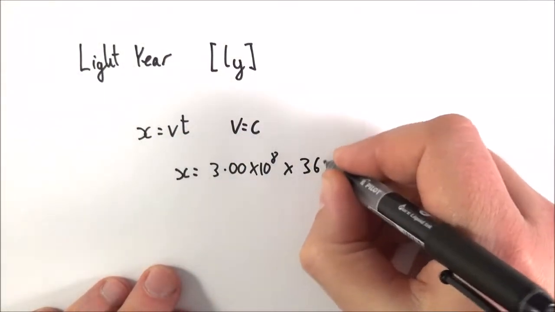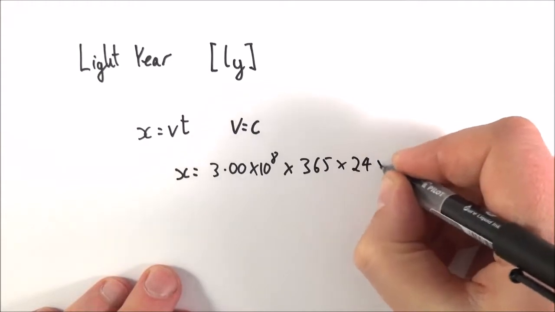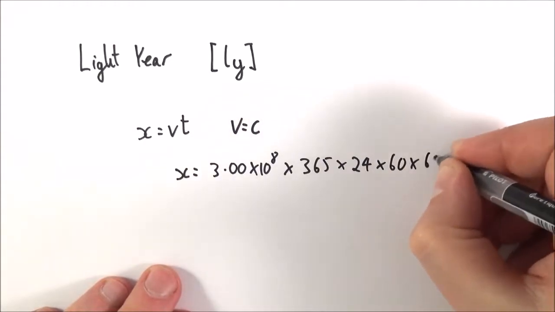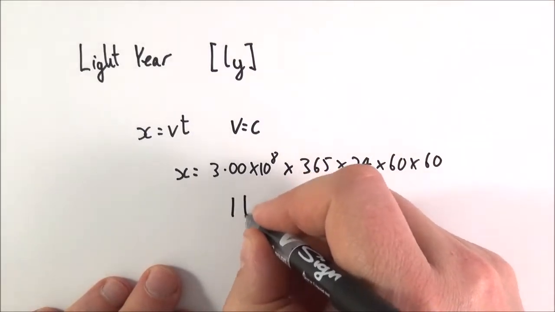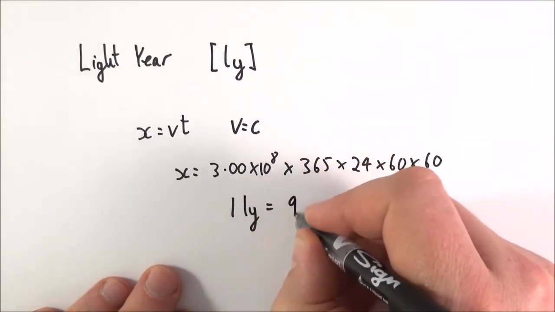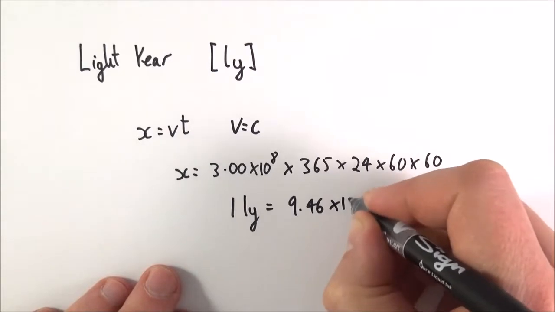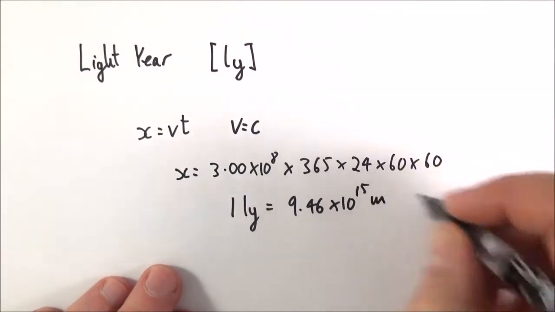So it's just 365 times 24 times 60 times 60. And if you put all of these numbers into your calculator, you can check that 1 light year is equal to 9.46 times 10 to the 15 metres.